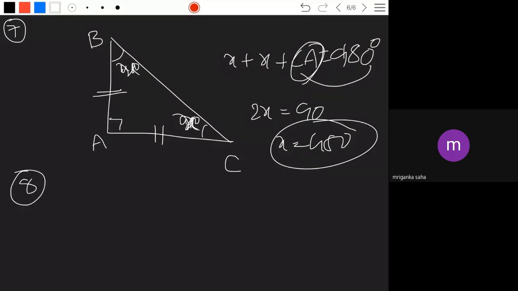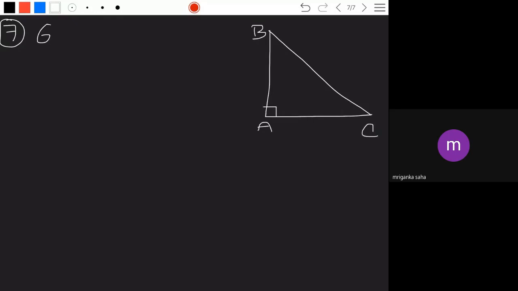If you want to write this problem with steps, in the exam, draw the diagram. A, B, C. Given angle A is equal to 90 degrees, and AB is equal to AC.